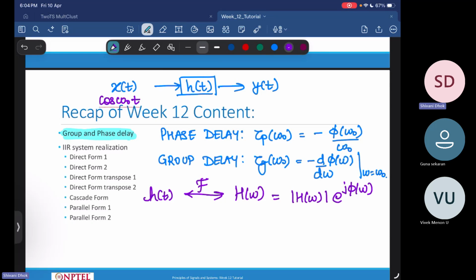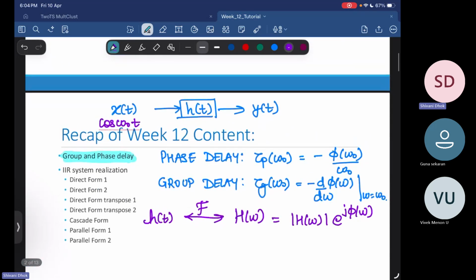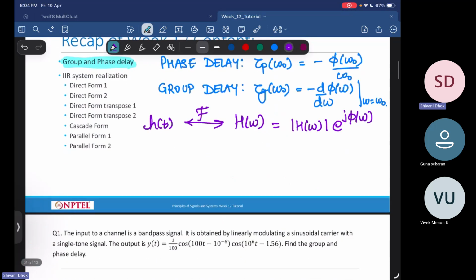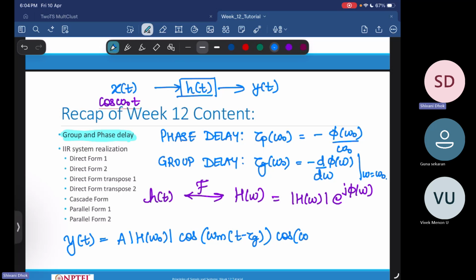When you have something like modulation, like you are mounting a particular signal over a carrier, and let's say you have some sort of amplitude modulation over a single tone, the output of that system is generally given by y of t is equal to magnitude of H of omega naught times cos of omega m (t minus tau g) times cos of omega naught (t minus tau p).